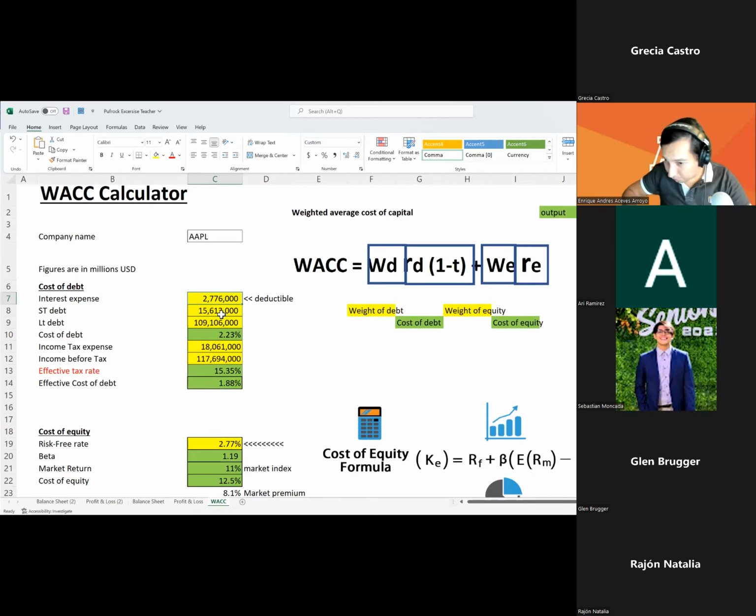Anybody? 2,707,000. Exactly. And then the short-term debt. But remember, the financial debt, not the short-term liabilities. How much do you have?